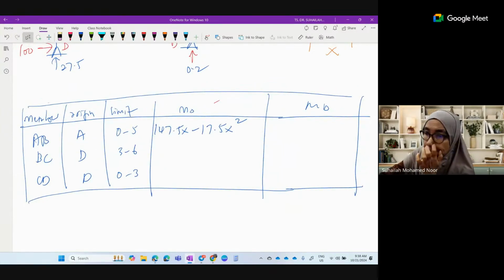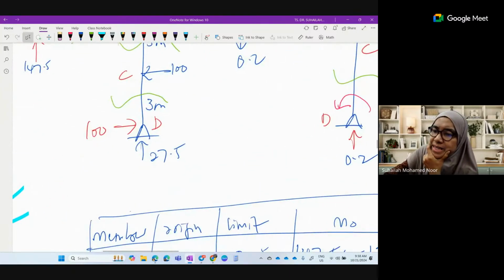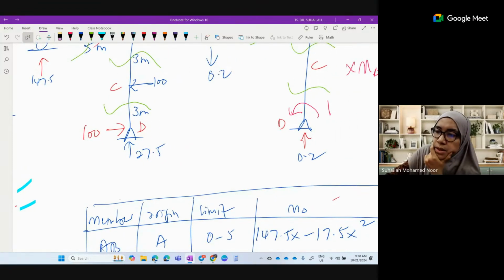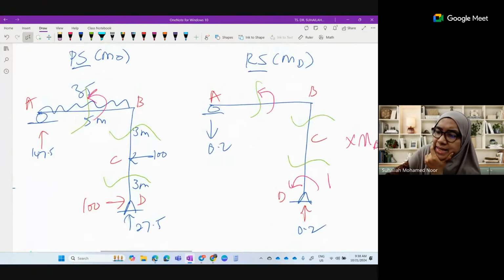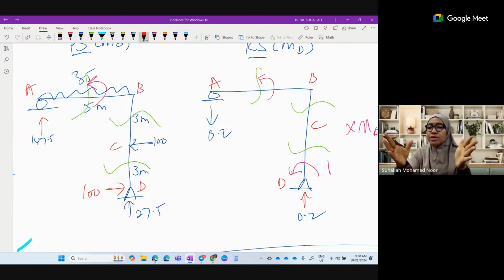Okay, what about CD, the one below? CD and CB. Okay. D, the origin D is from the right. Look at the frame, D is on the right, right? A is on the left, right?